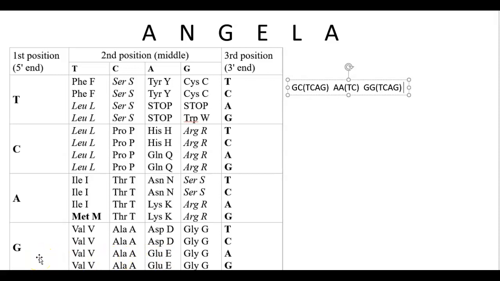This would be a G in the first position. We go up. Now we've got an A in the second position, and we've got an A or a G in the third position.